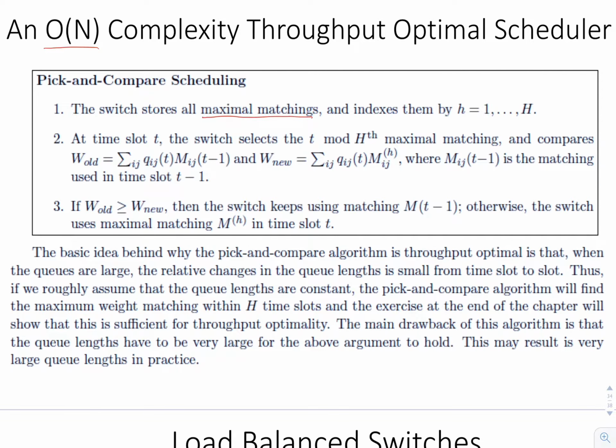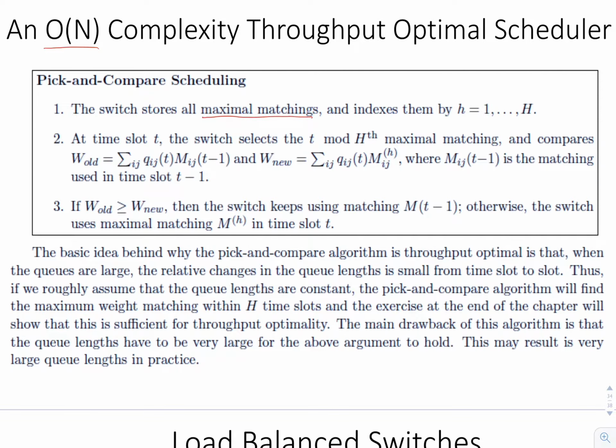So we have these three matchings, and if we go through these three matchings one by one, if the arrivals were balanced into the virtual output queues, it is easy to see that using these three matchings will provide high throughput, because essentially we are draining each queue at equal rate.